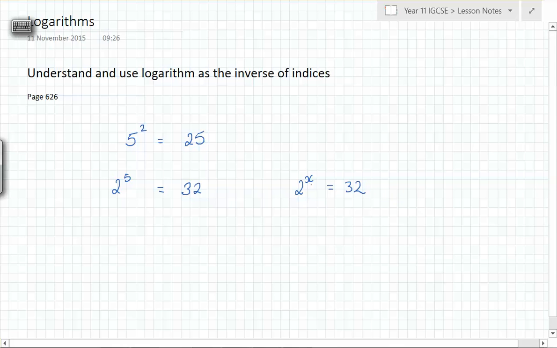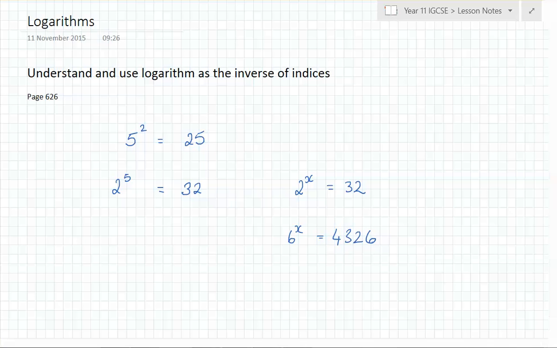You could probably get through that one, but then if I said to you, 6 to the power of x equals 4,326, that's not going to be a nice whole number. So there's absolutely no way you're going to be able to figure that one out. So what we're looking at is, if the variable x, the unknown, is a power, we need some way of finding that.